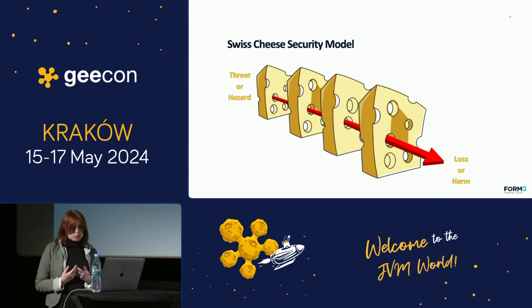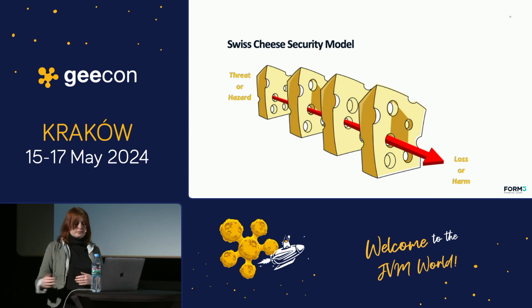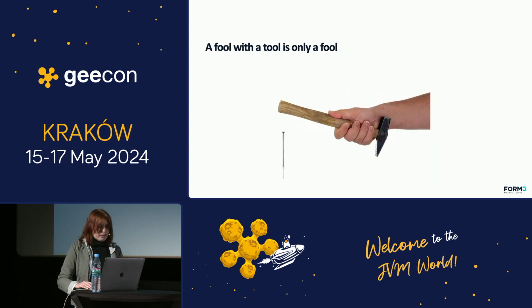So we shouldn't rely on a single security mechanism. We need to have layers of defenses against potential threats, because nobody's perfect, no layer can provide 100% security, and with multiple layers, each layer covers the holes of other layers. So remember this one.